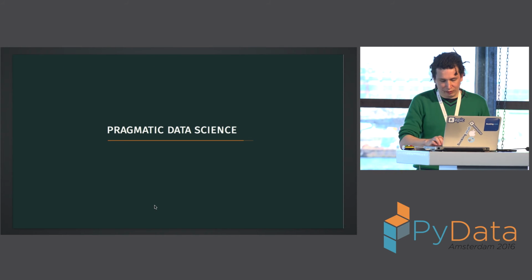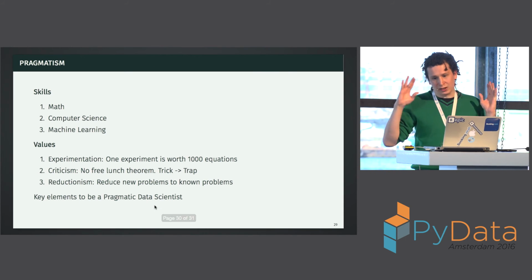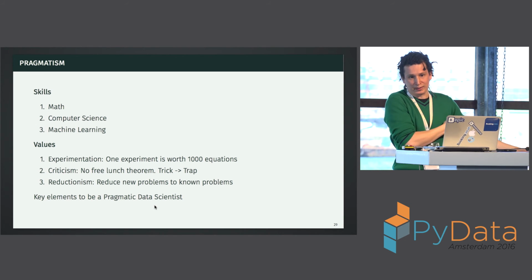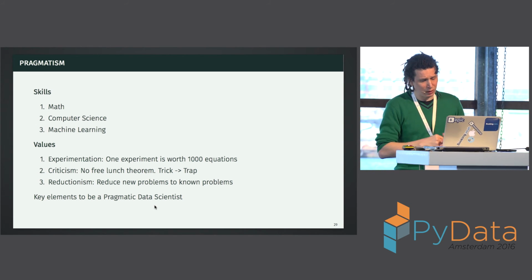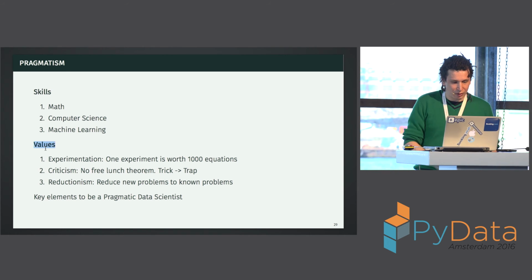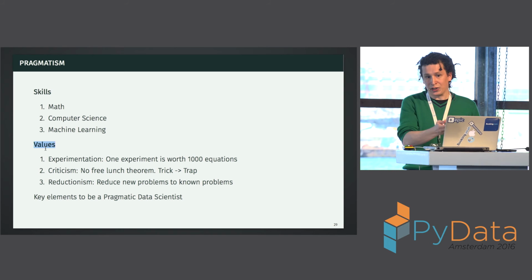I just wanted to say a few words about the pragmatic data scientist. I presented 3 tricks, but this talk is about pragmatic data science. And if you want to become a pragmatic data scientist, my recipe is to get 3 basic skills: math, computer science, and machine learning. You cannot skip any of these. And some values, which are experimentation, like I showed in the talk.